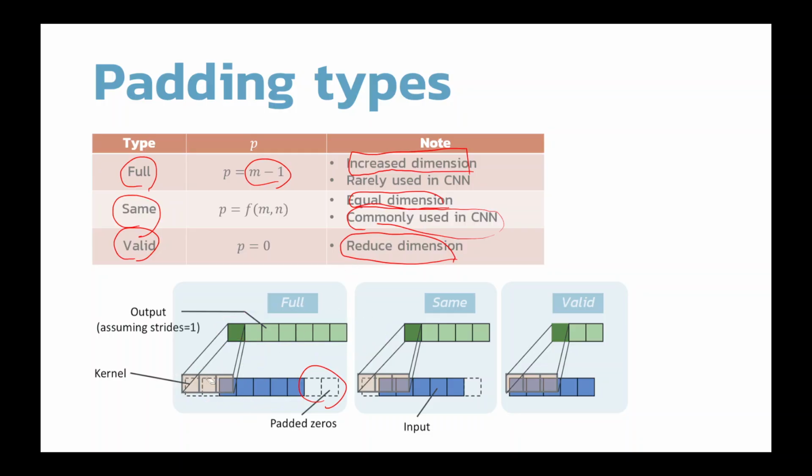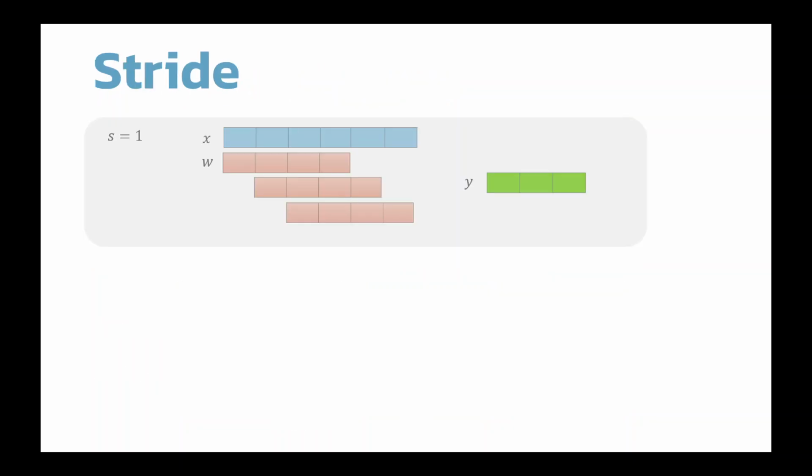But if you choose your padding with just 1 block on each side, and your kernel is 3 blocks, then your output is the same as your input, which is 5 blocks. This is the one that we use quite regularly. And if you don't have any padding at all, your output is going to be smaller than your input. As you can see, the green only has 3 blocks and the blue has 5 blocks. So depending on what you want, you can control the dimension of your output accordingly.